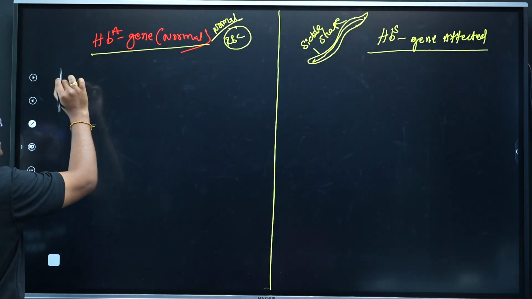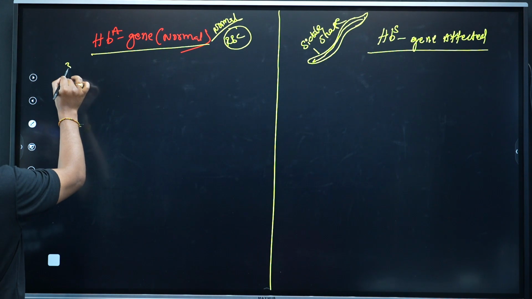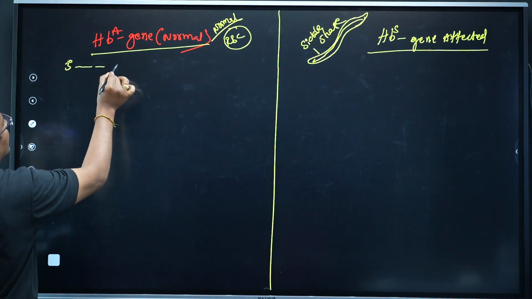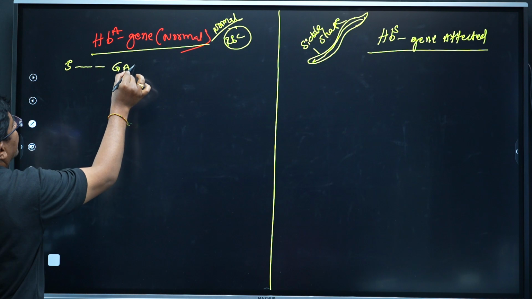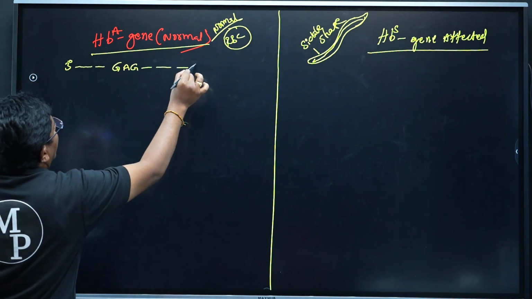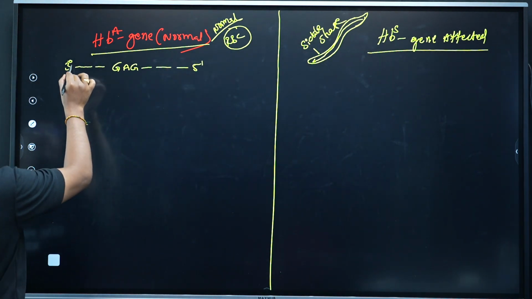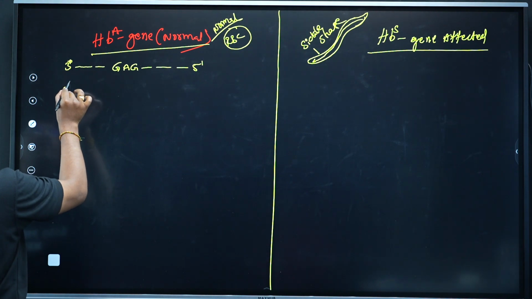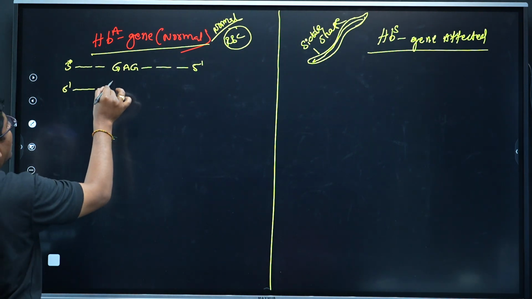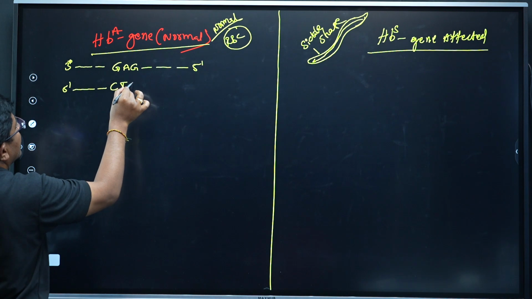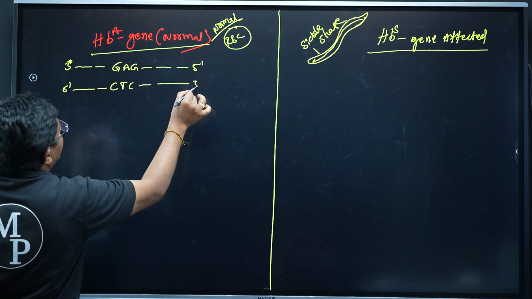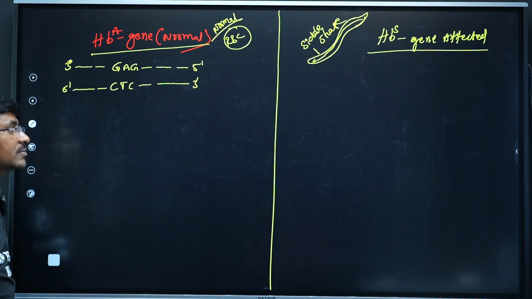It is the first DNA structure I will draw here. It is the 3 end, GAG, and it is the 5 end, and here 5 end opposite CTC, and it is the 3 end.